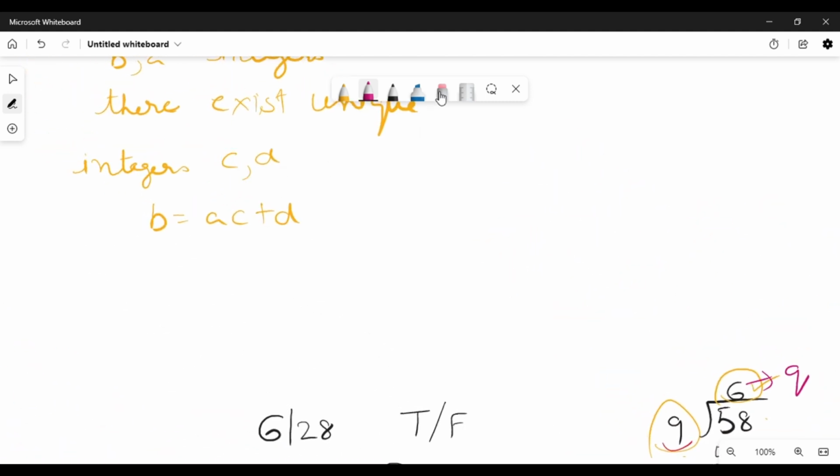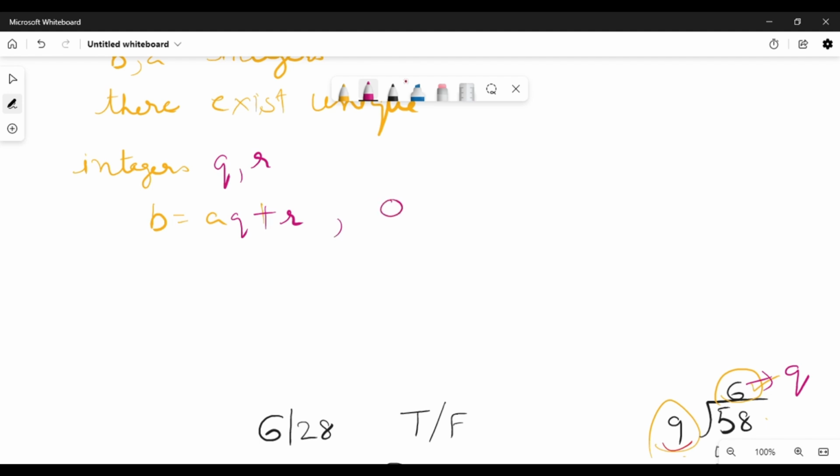There exist unique integers, instead of taking C and D, let me take Q and R, such that B is equal to AQ plus R. And what is the special condition on R here?